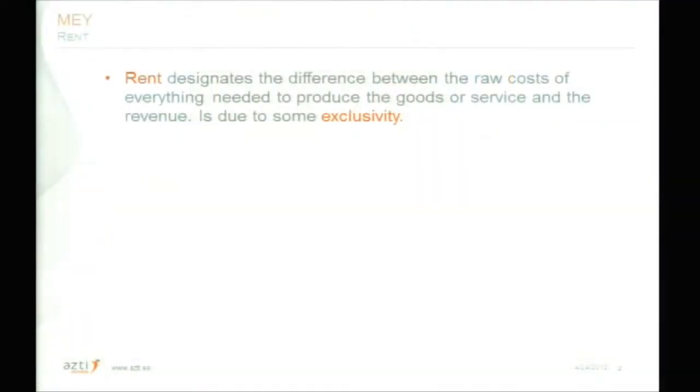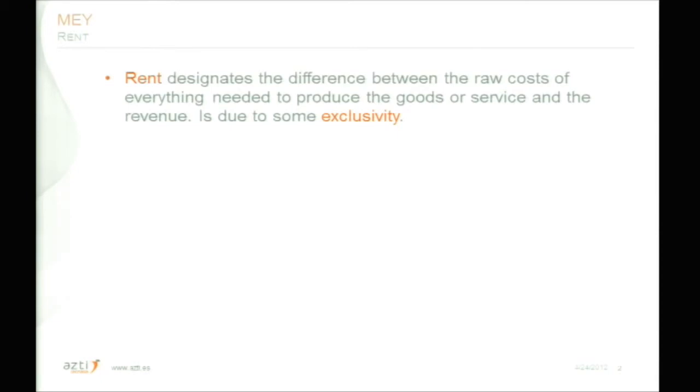But before doing this, I would like to start by giving some definitions. And the first definition that I want to give is what rent is. Rent designates the difference between the raw cost of everything needed to produce the goods or services and the revenue.